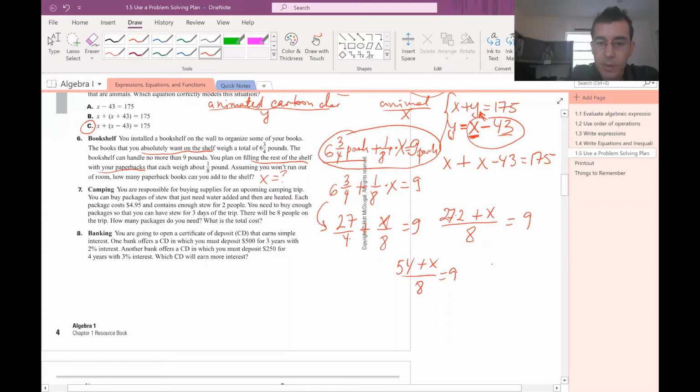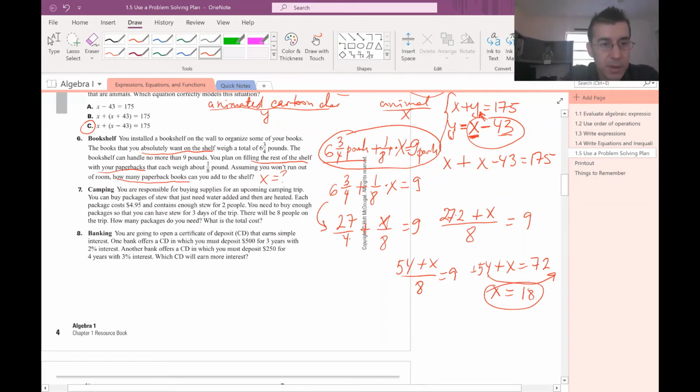Now 9 and 8 multiply, so we get 54 plus X equals 8 times 9, 72, or just X equals 72 minus 54. 54, the sign is plus. When it goes to the other side, it is minus 54. So 72 minus 54 is what? 18. Okay. So how many paperback books can you add? 18. The answer is 18.